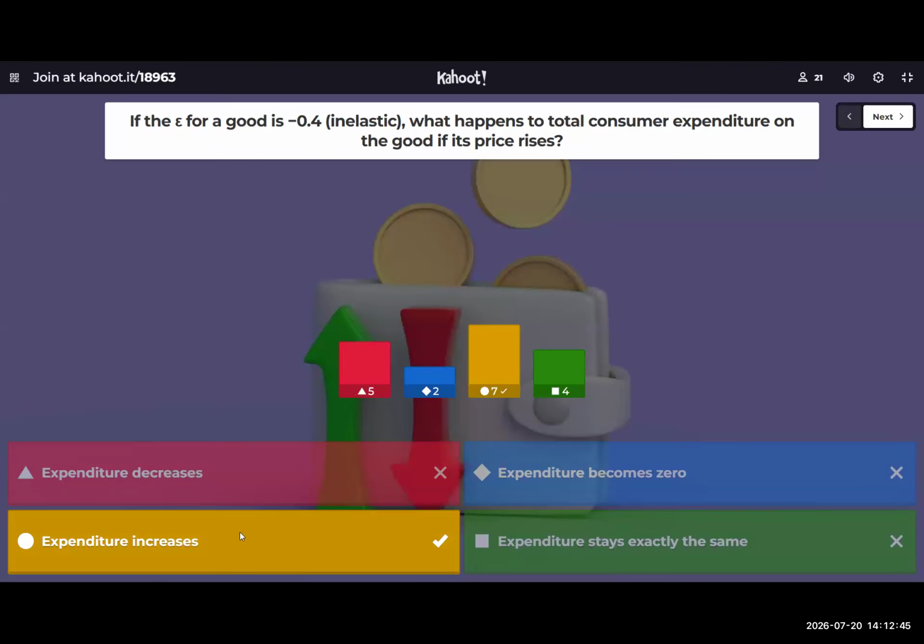Price and total expenditure move in the same direction when the good is inelastic. Okay, so here price rises, expenditure rises as well. Please review my lecture notes.